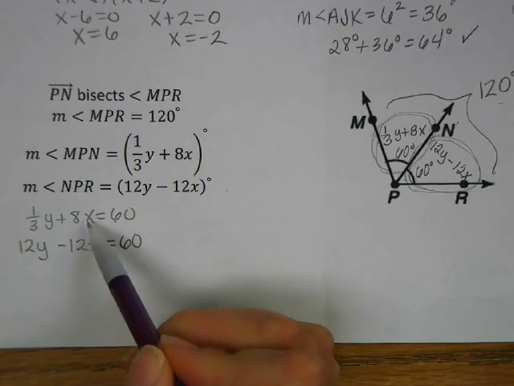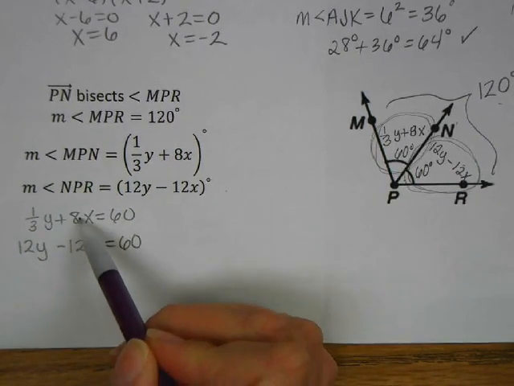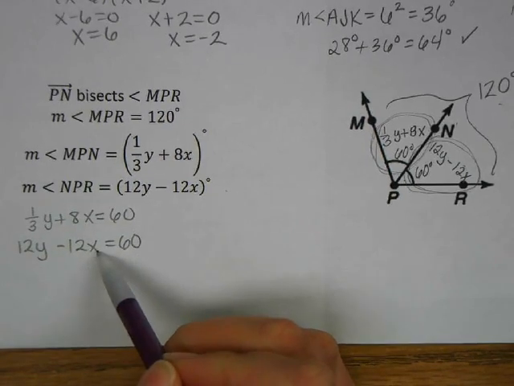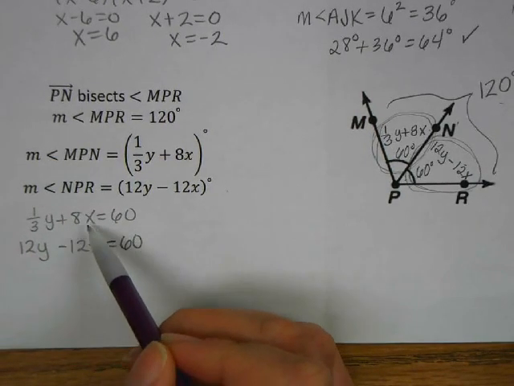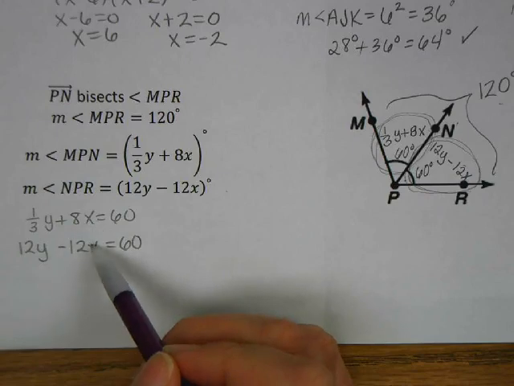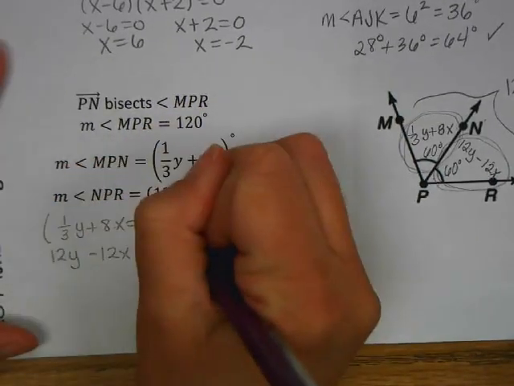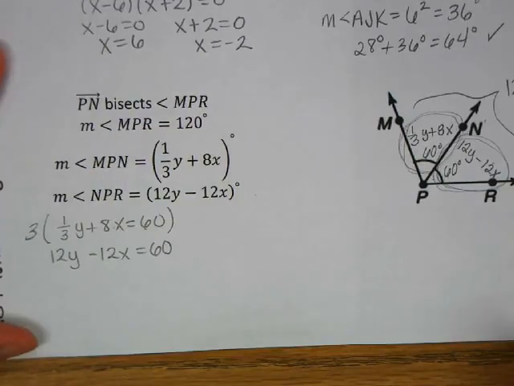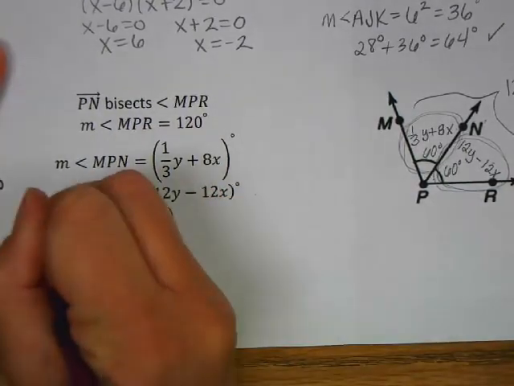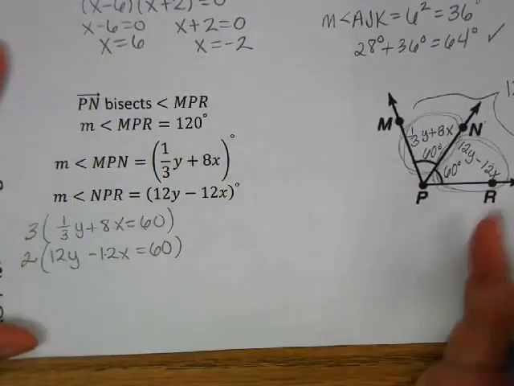So I'm looking at my x coefficients, which are 8 and negative 12, and both of those can go into 24 evenly. So I know 8 can go into 24 3 times, and 12 can go into 24 2 times.